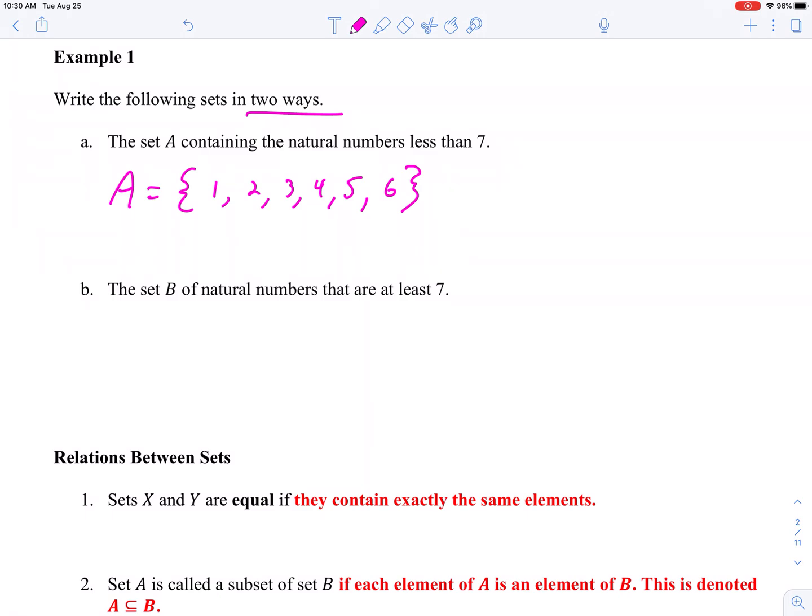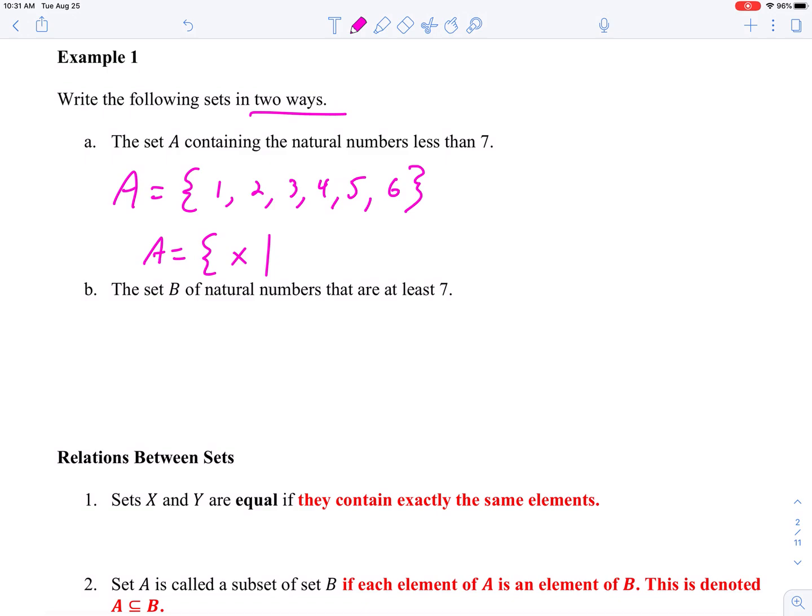So we could also write it in set builder notation. We could say A is the set of elements X such that, so that bar right there means such that, and then we have to define it, right?